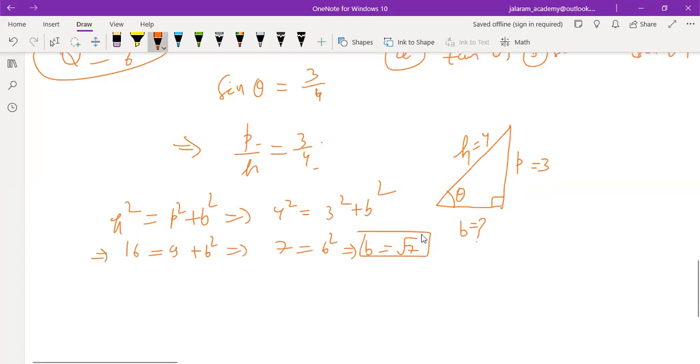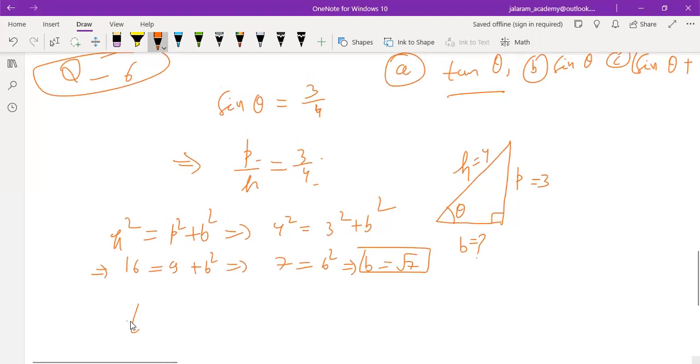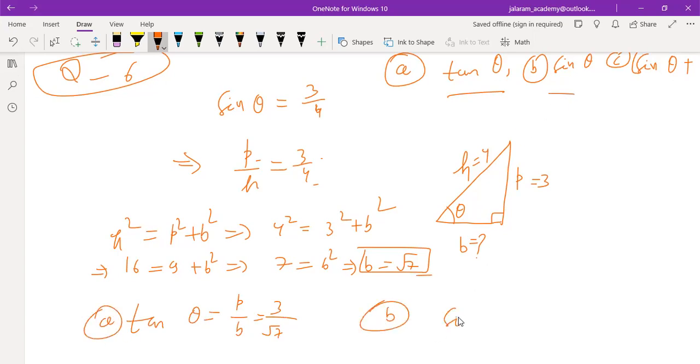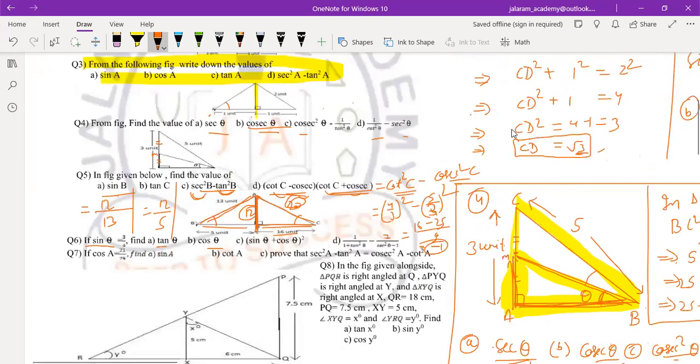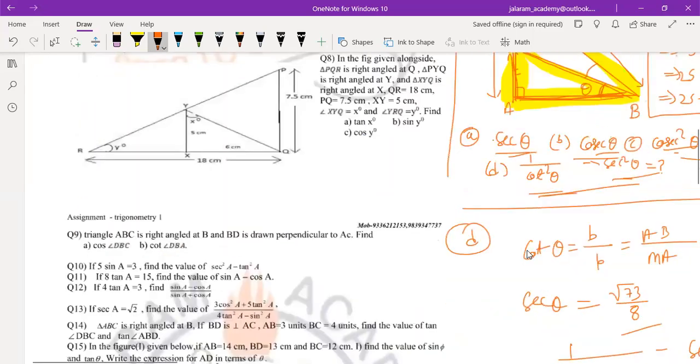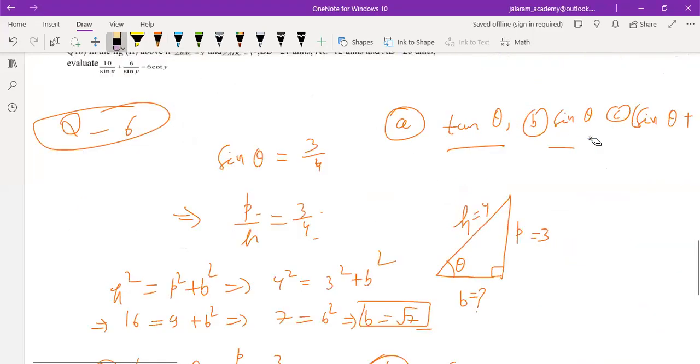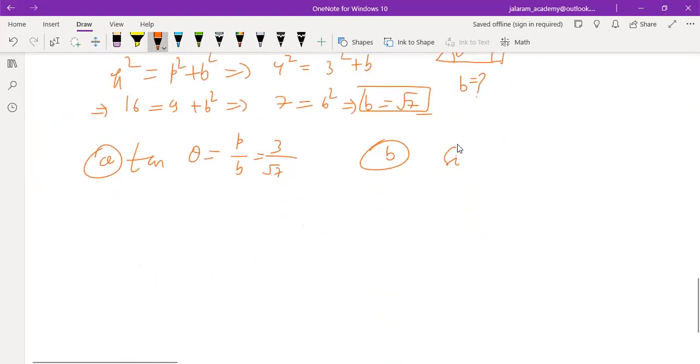Now using this value of B, we can find all the other ratios. Tan theta is the ratio of perpendicular upon base. Perpendicular is 3 and base is root 7. In the second part, we have to find cos theta only. Cos theta is the ratio of base upon hypotenuse.